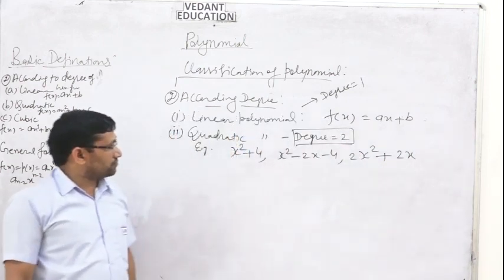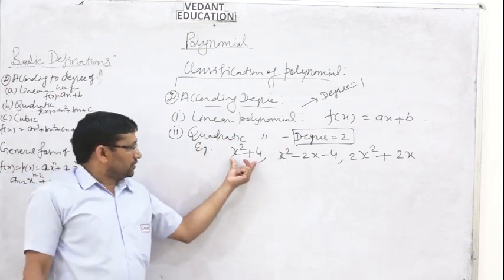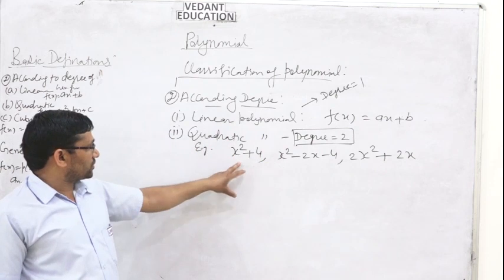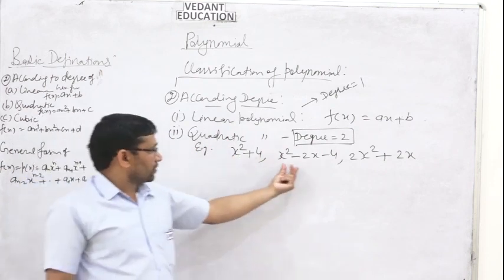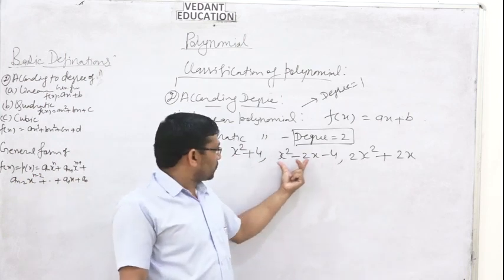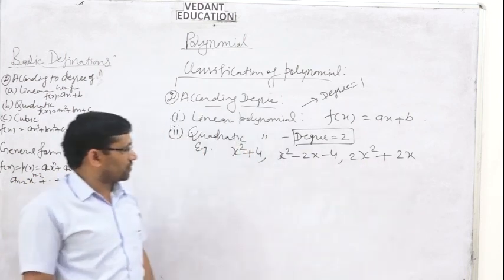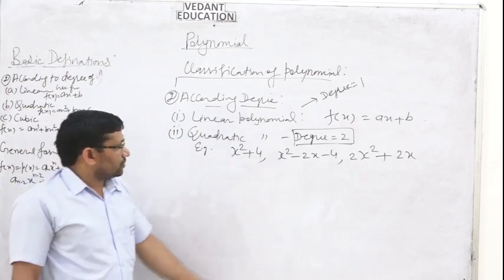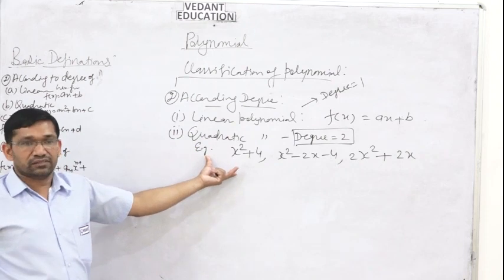These all are the examples of quadratic polynomials. In this, degree is 2 because the variable is x and the highest power of variable is 2. In this example, the highest power of variable is also 2, and in this example also 2. So these all are quadratic polynomials.